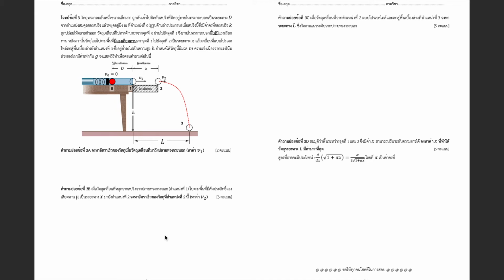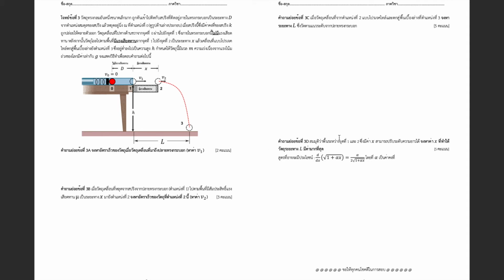Mostly what makes this problem really difficult is the mathematics that we have to be careful during solving the mathematic problem, which is the 3D.